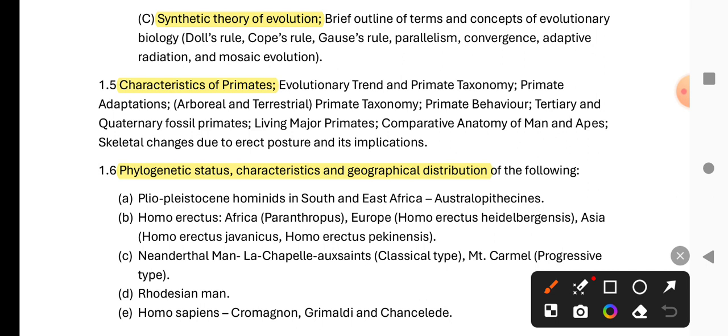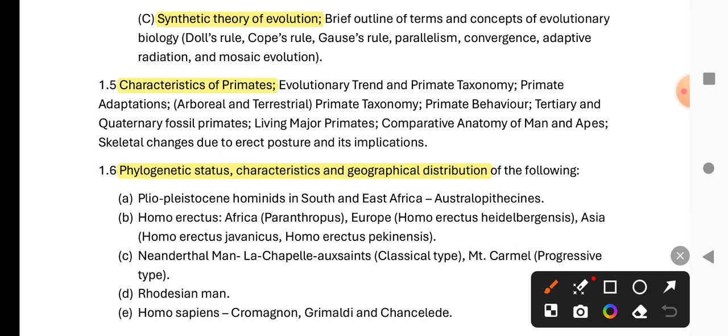Okay, and in the animal kingdom, how we can differentiate man from other animals. And we will see the unicentric versus multicentric debate between various anthropologists and biologists. What is the unicentric versus multicentric debate among the anthropologists?